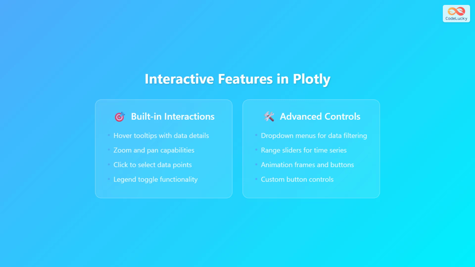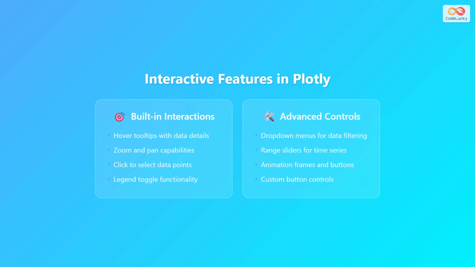Plotly's strength lies in its built-in interactive capabilities that make data exploration intuitive and engaging. Every Plotly chart automatically includes hover tooltips that display detailed information about data points when users move their cursor over them. Users can zoom into specific areas of interest and pan across large datasets without losing context. Clicking on data points allows for selection and highlighting, while legend items can be toggled on and off to focus on specific data series.